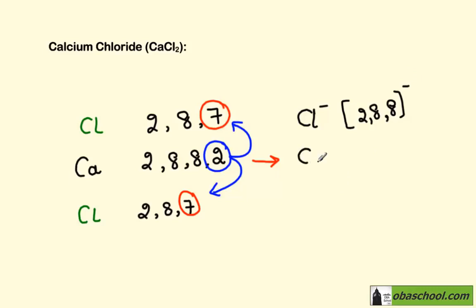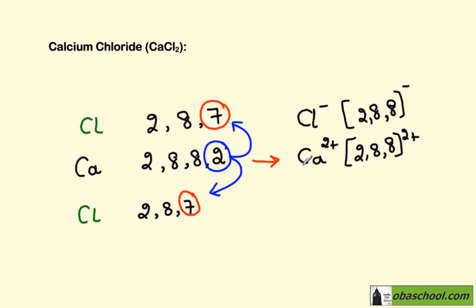Calcium lost 2 electrons, so it becomes Ca2+, and the electron configuration is 2 electrons in the first shell, 8 electrons in the second shell, and 8 electrons in the third shell, and the charge 2+, showing that calcium lost 2 electrons.